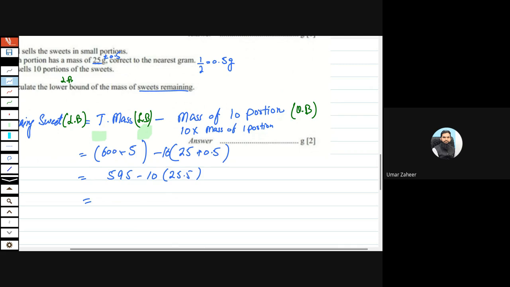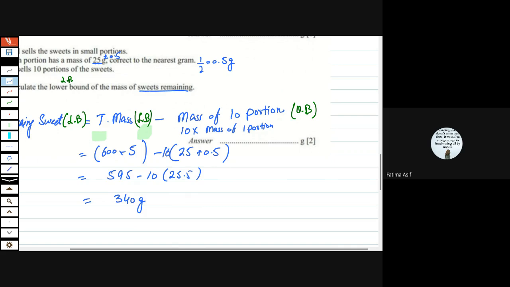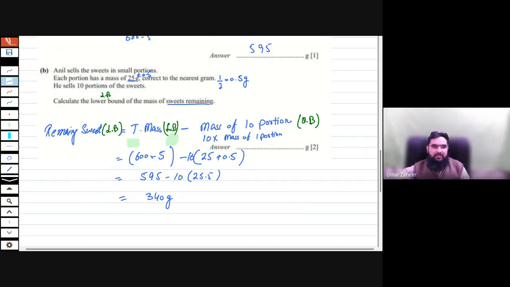That is 340. Any other one, please confirm the answer. 340 grams. Yes, Taha, Miran, please confirm the answer.